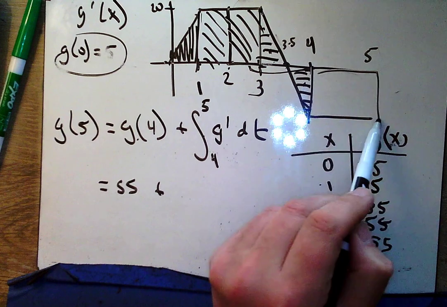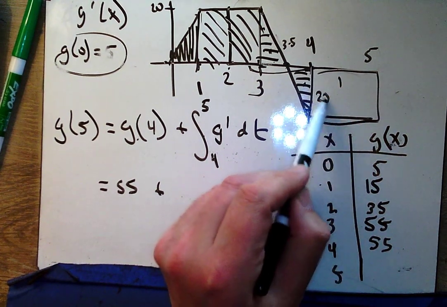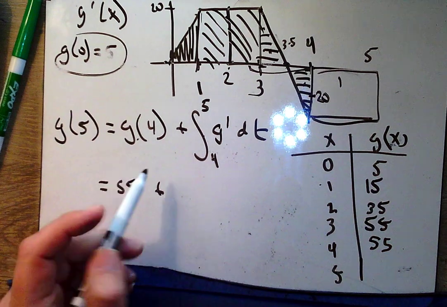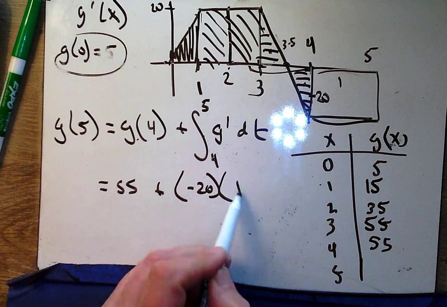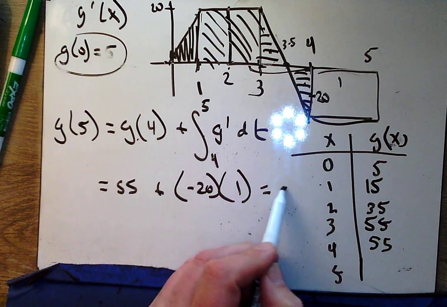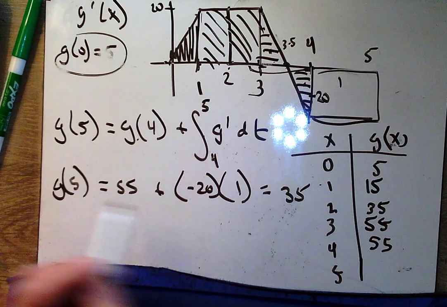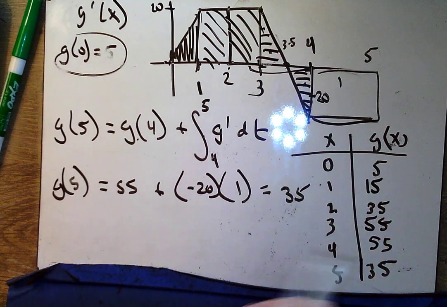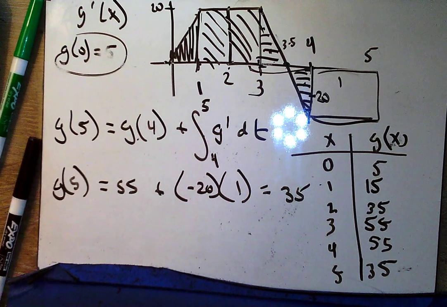Well, from 4 to 5, we just have a big old rectangle whose length is 1 and whose height is minus 20. So I want minus 20 times 1, which gives 35 for g of 5. All right. Yeah, that's station 9.